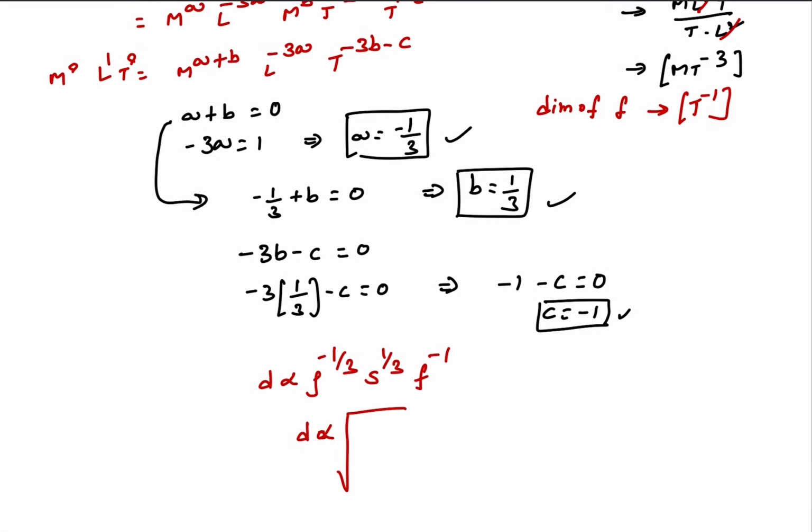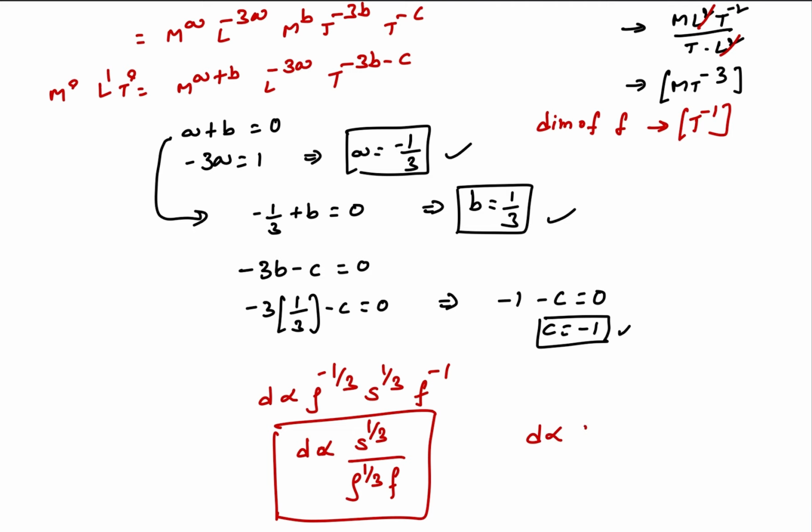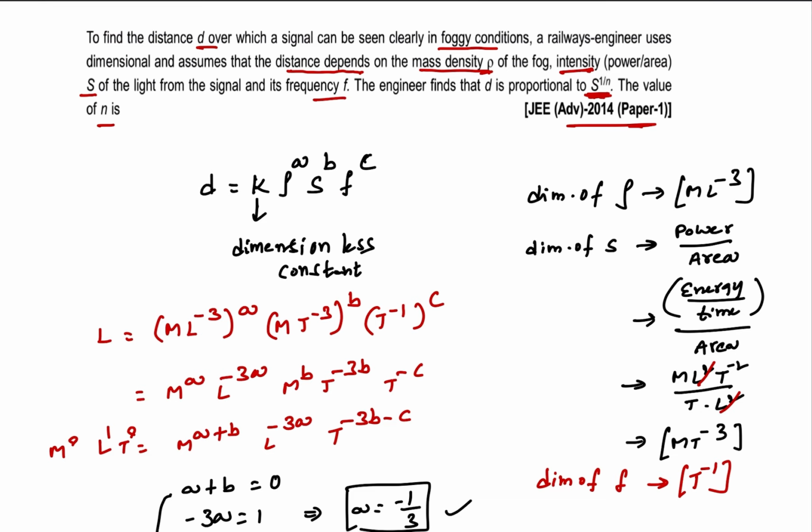So D is proportional to S power 1 by 3 divided by rho power 1 by 3 times f. This is the relation. As per the question, they have given D proportional to S to the power of 1 by n. In place of n, the value is 3. You can write the answer is 3.